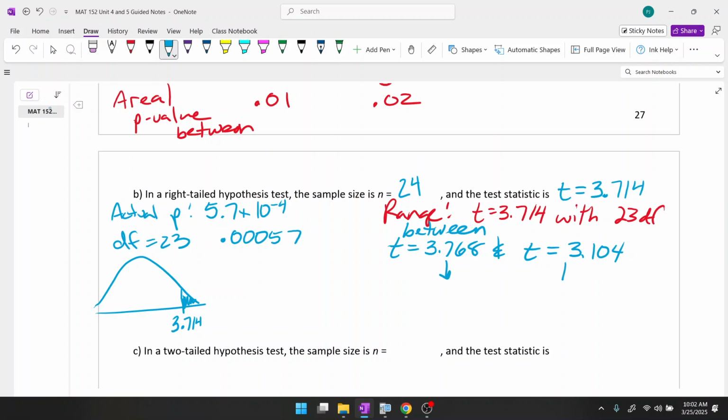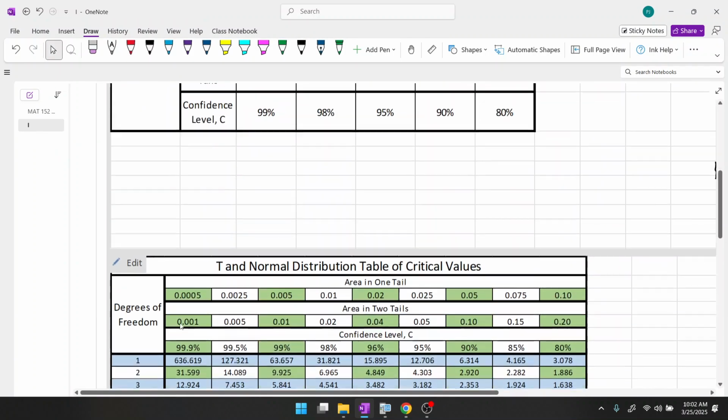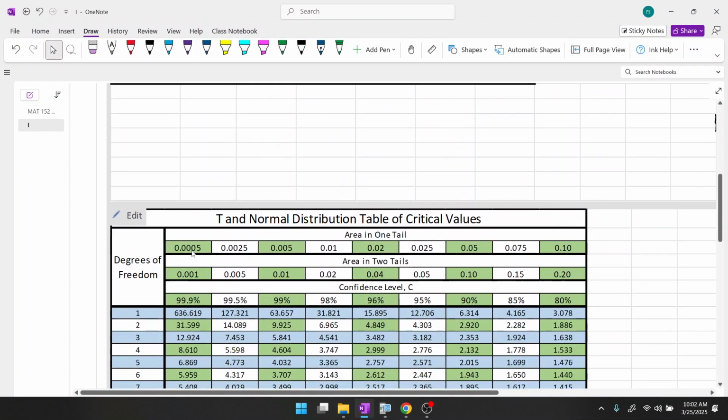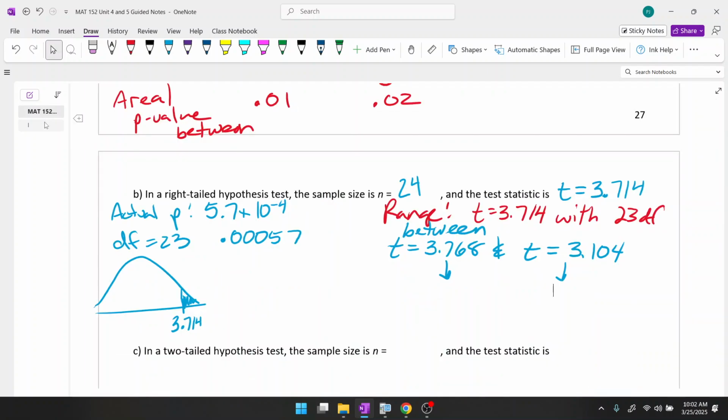So since this is right-tailed, you look for the one-tailed areas, and it's going to be between 0.0005 and 0.0025. So the area is going to be between these two.